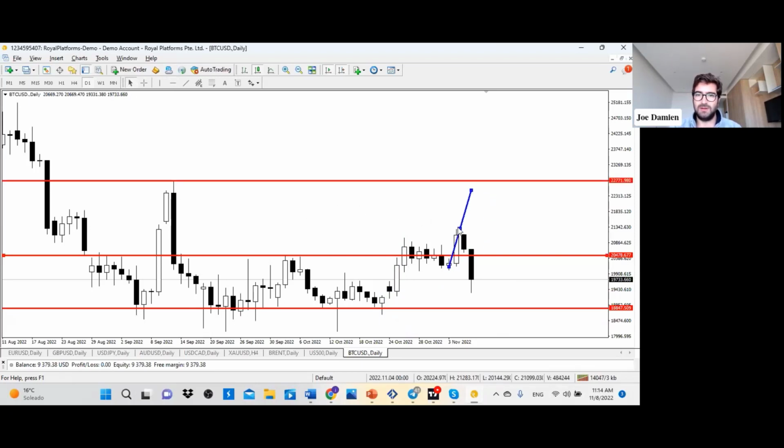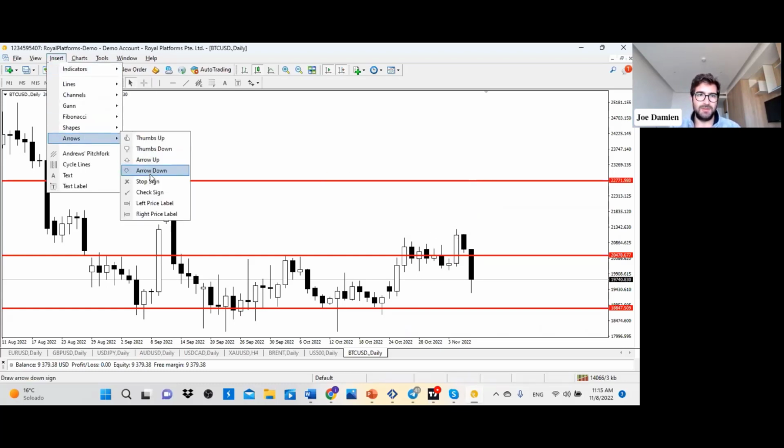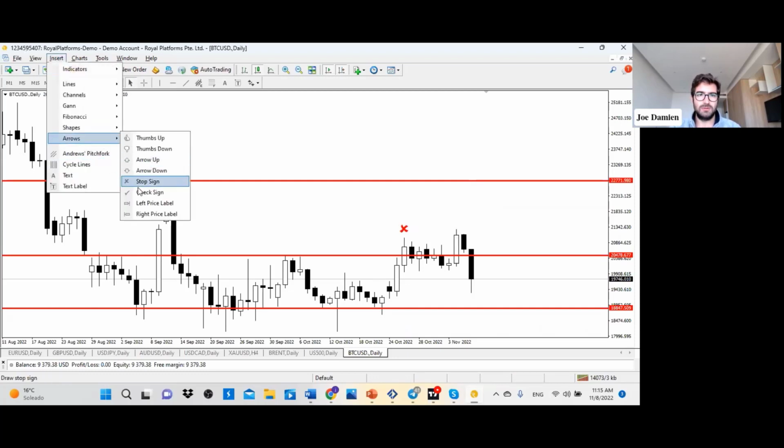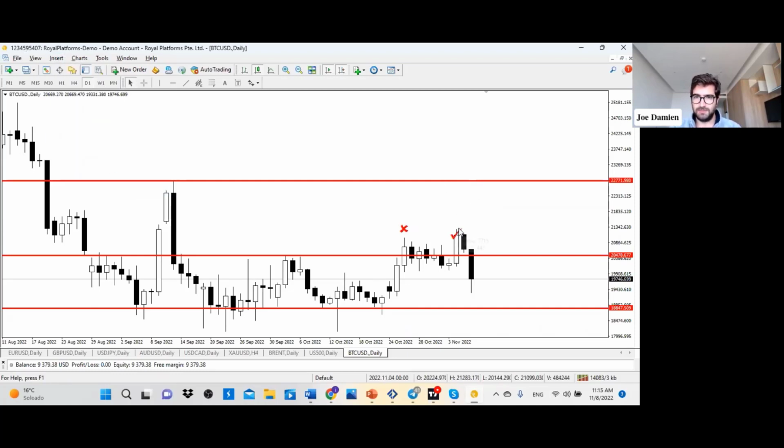However, the market failed to continue its move to the upside. The market posted a double top. We have a double top here, 1, 2. This is a double top. Sorry, I am using a different sign. This one, the right one, double top.